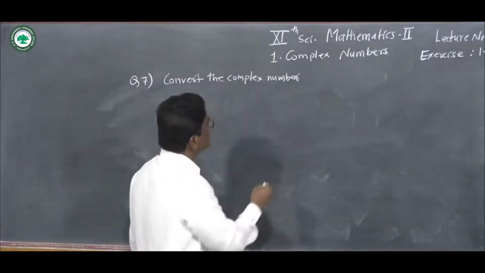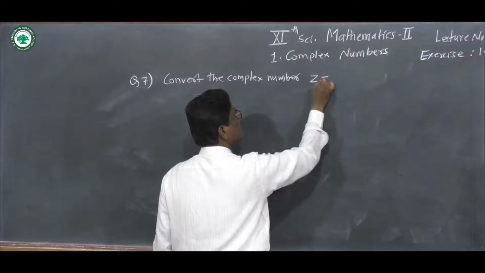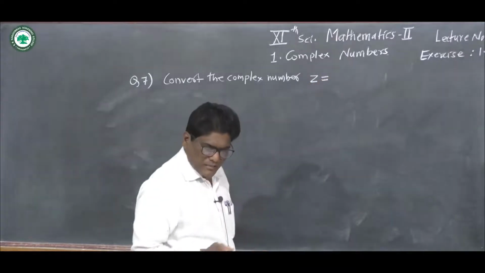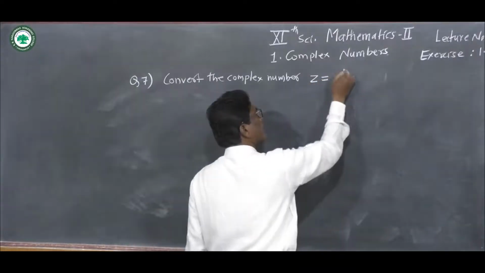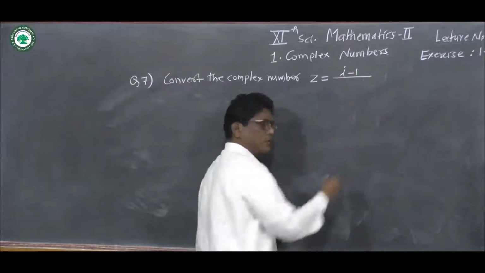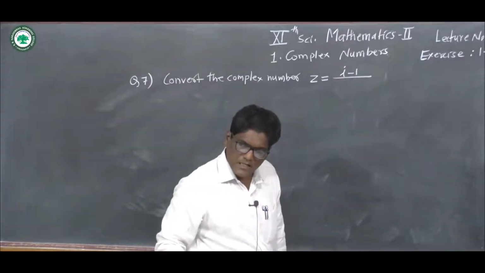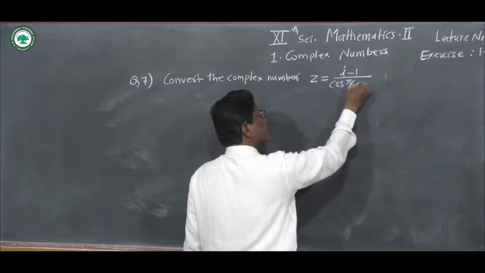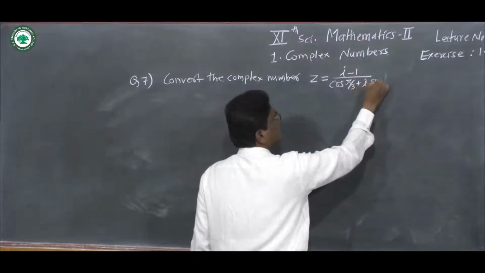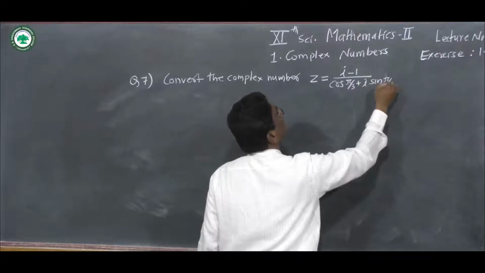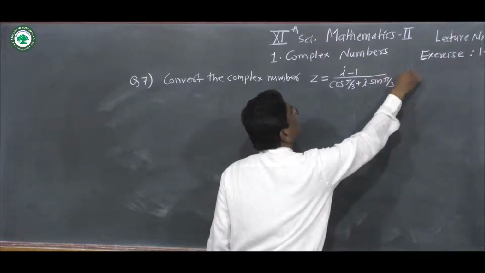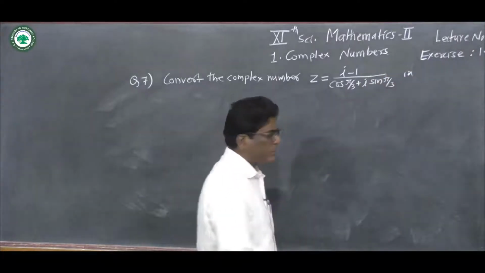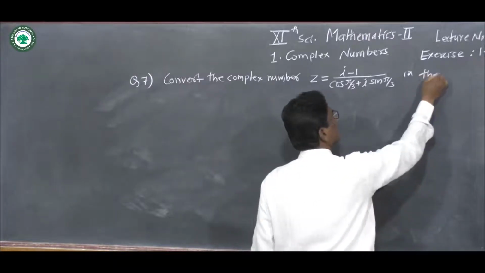Z is equal to i minus 1 upon cos of pi by 3 plus i sin of pi by 3 in polar form.